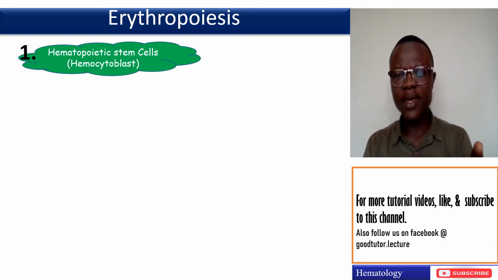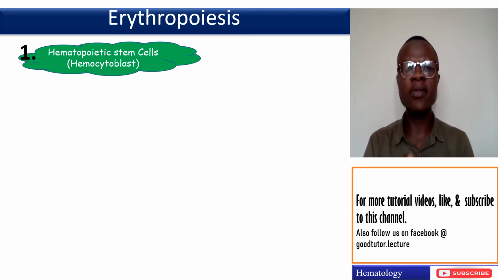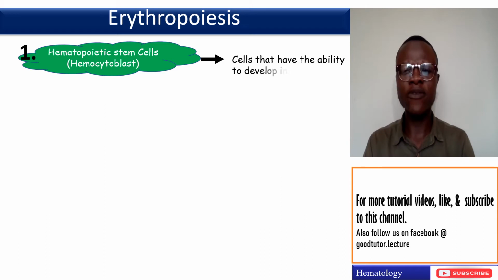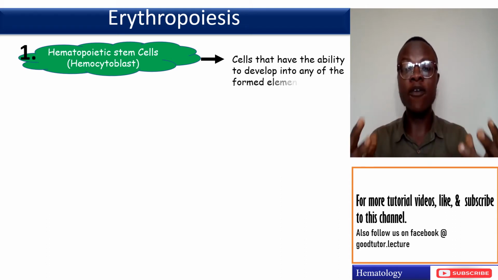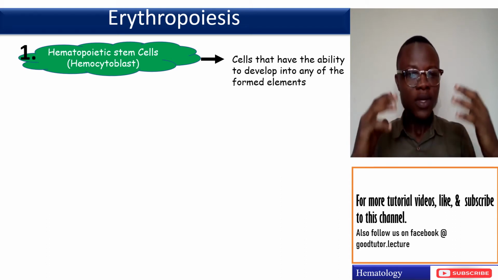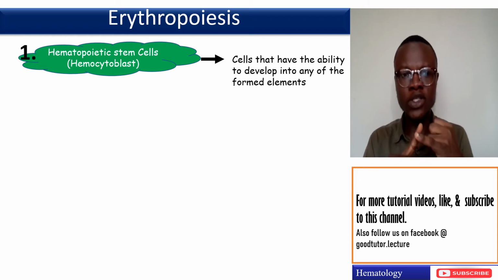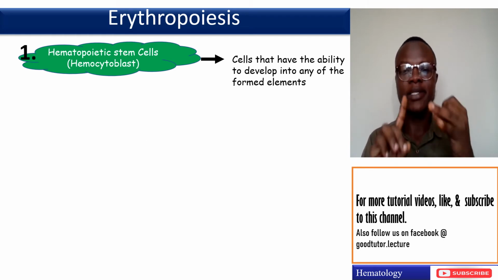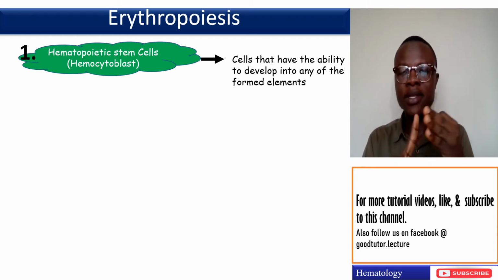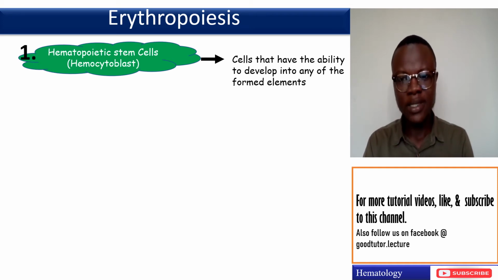So the hematopoietic stem cell that you see here is basically a cell that has the ability to develop into any of the formed elements. So these cells can develop into the leukocytes, the platelets, and also the erythrocytes.